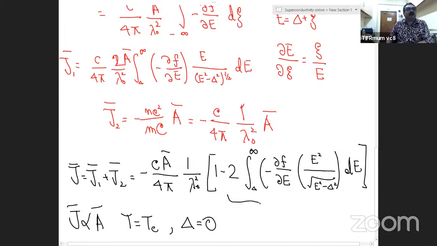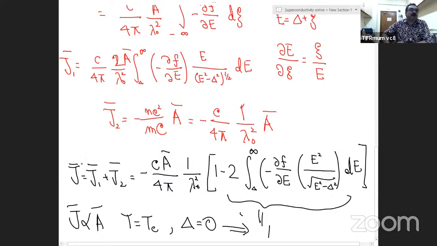So if delta equal to 0, then this quantity becomes 1. So this integral becomes half, because it is summing over half a delta function if you want, multiplied by 2, and therefore it's 1.